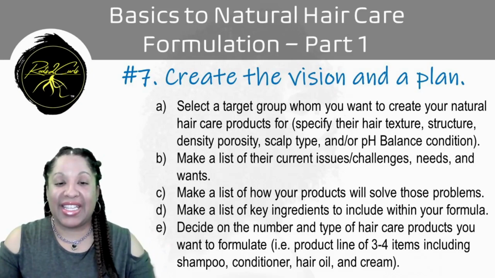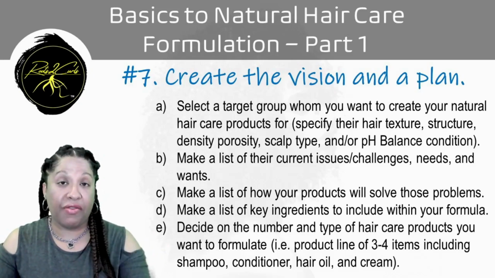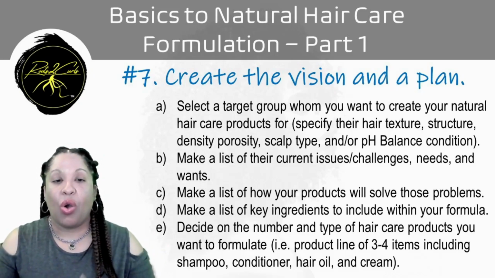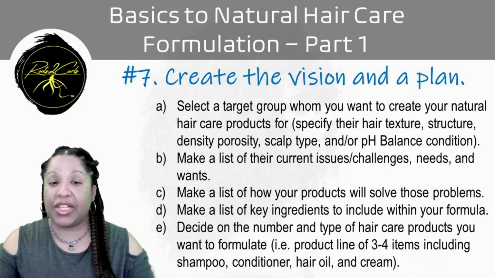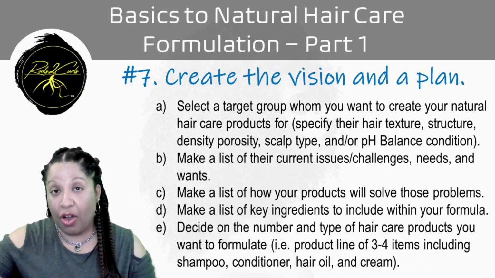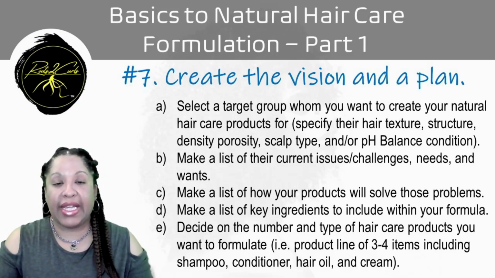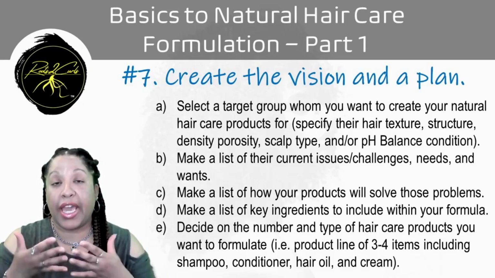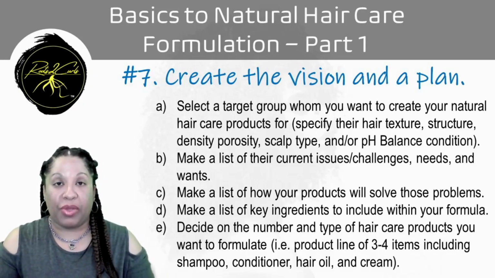C, make a list of how your products will solve those problems. D, make a list of key ingredients to include within your formula. Those ingredients will definitely help solve those problems. And E, decide on the number and type of hair care products you want to formulate.